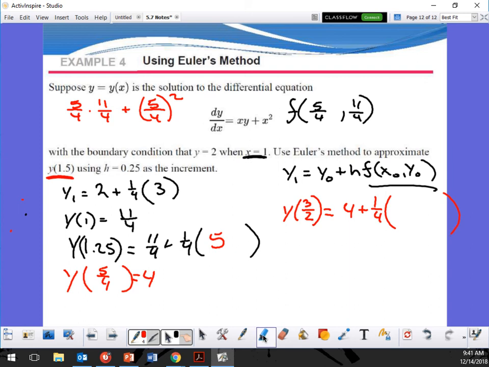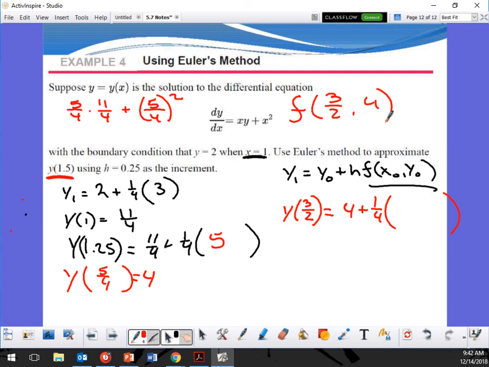In this case I have f of 3 over 2, comma, what was my previous one, 4?